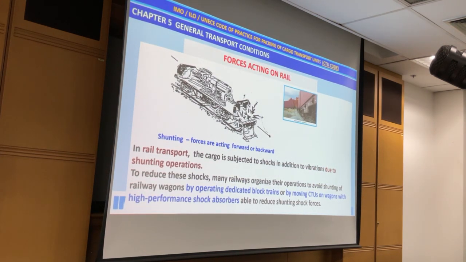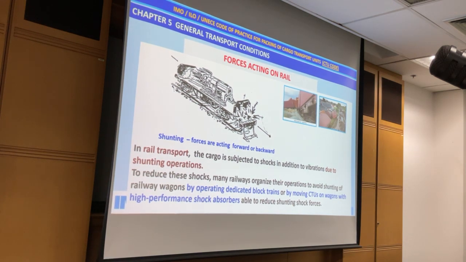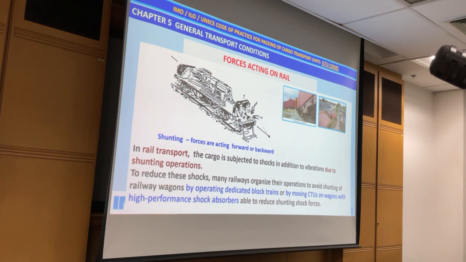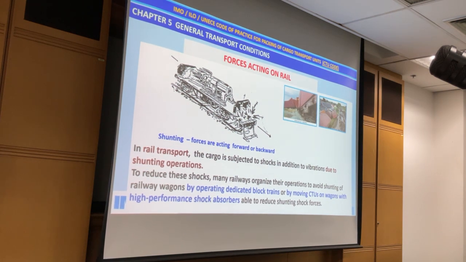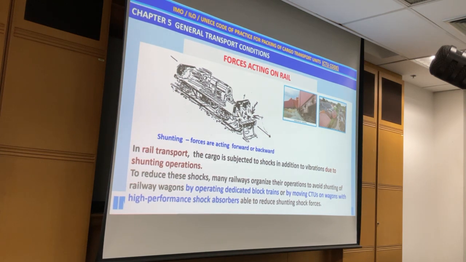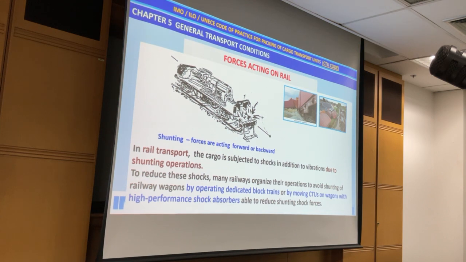Forces acting on rail. The shunting. Shunting means the adding of the wagons to each other, rail wagons, or separating them. And they collide with each other, the wagons, so that those forces act on the cargo. But these shunting operations are not wanted.